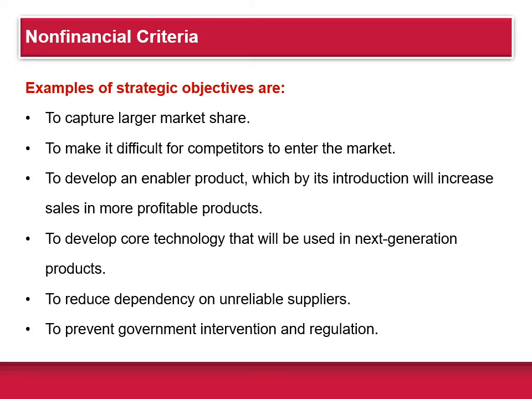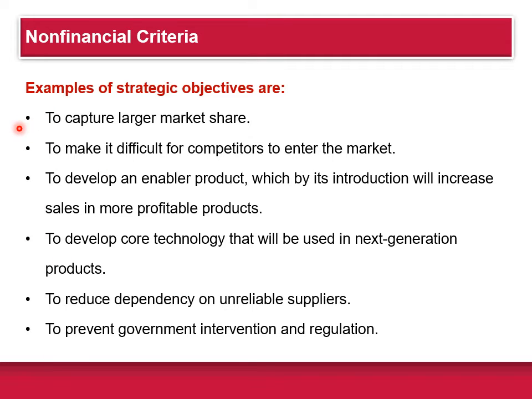So non-financial criteria, these have become popular in the last couple decades. Here you come up with some examples of strategic objectives you're trying to meet, and you come up with a rubric that tries to capture these strategic objectives. These aren't all inclusive, it's just some the book put out.